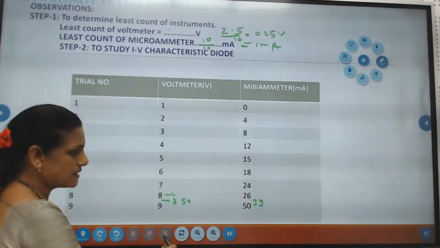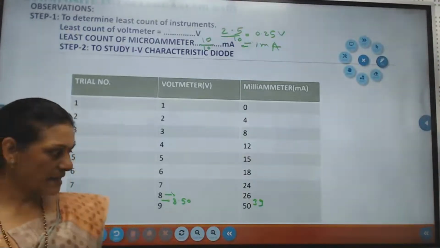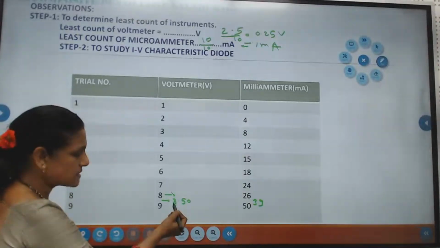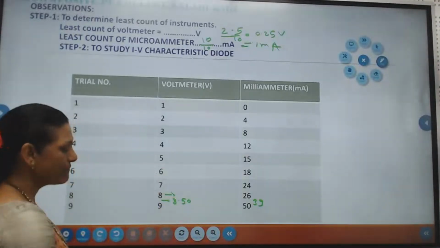Then after that, once again a sudden increase. That's why my Zener diode breaks down at a voltage of 8.50.